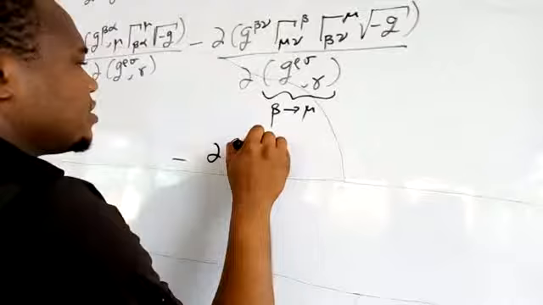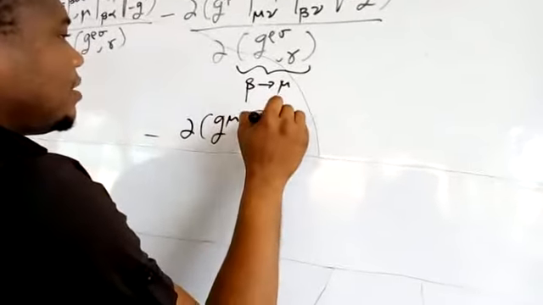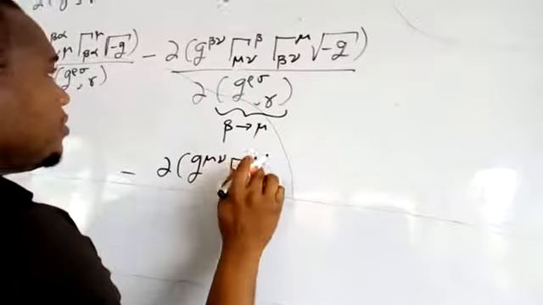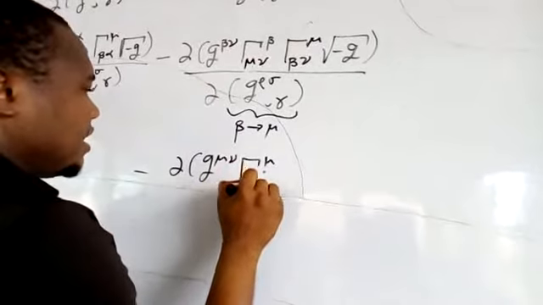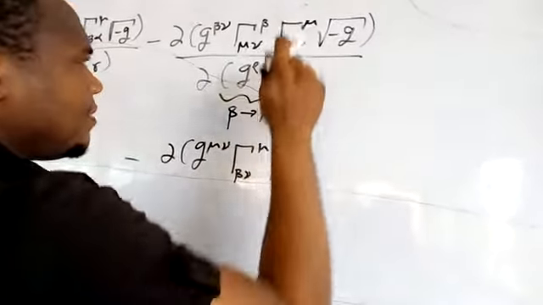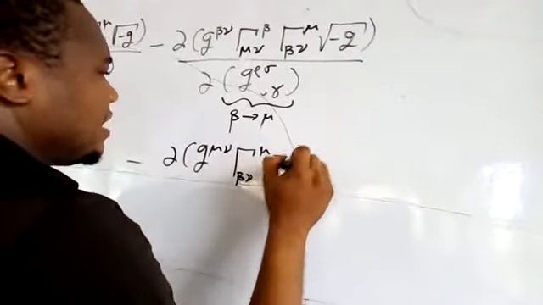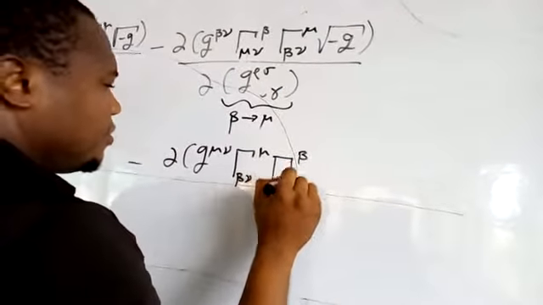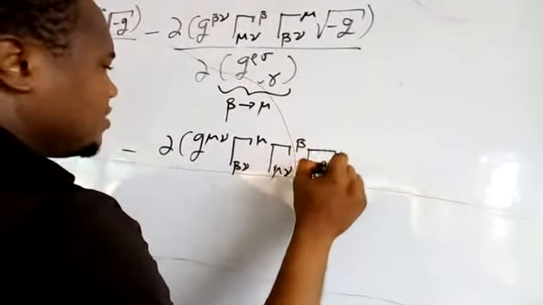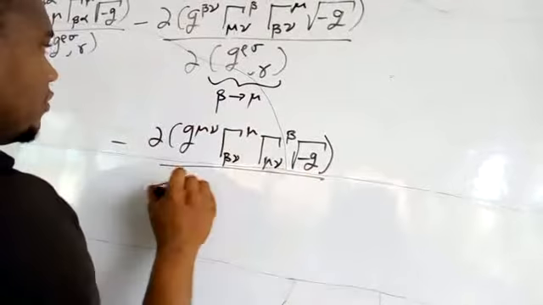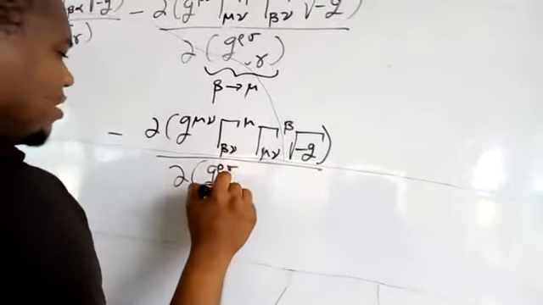So this is going to give me this gamma, and the mu there becomes a beta nu, and this is another gamma. This mu here becomes a beta, the beta here becomes a mu nu, square root of minus g, and then all over this is the g rho sigma comma gamma.